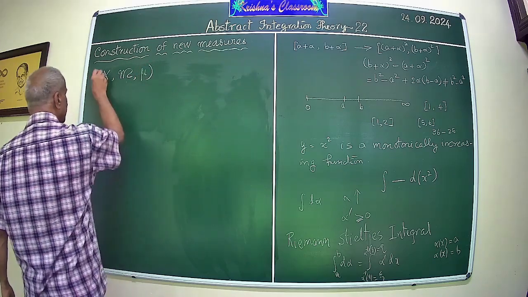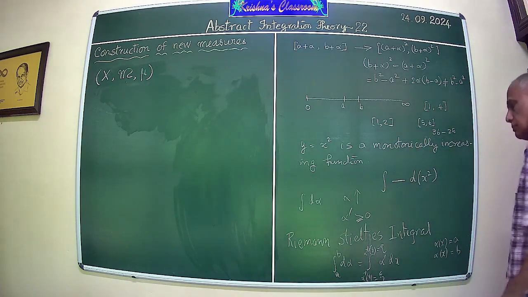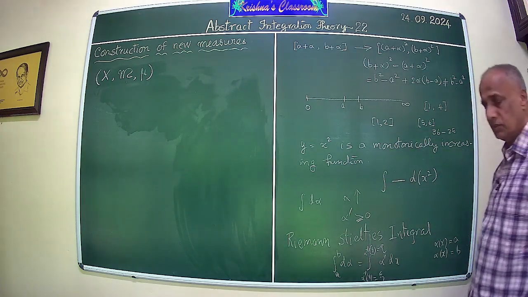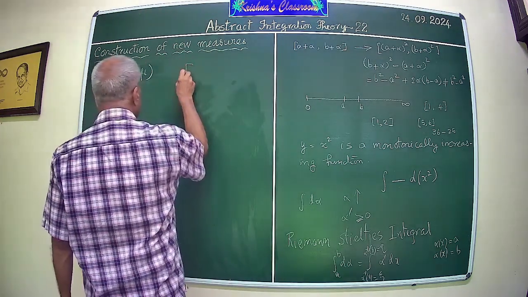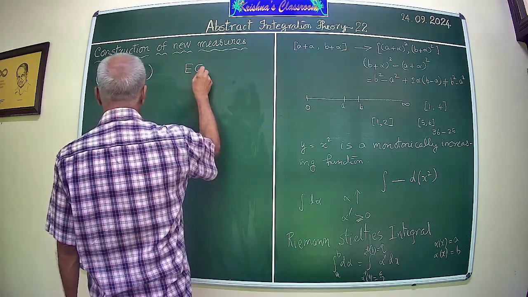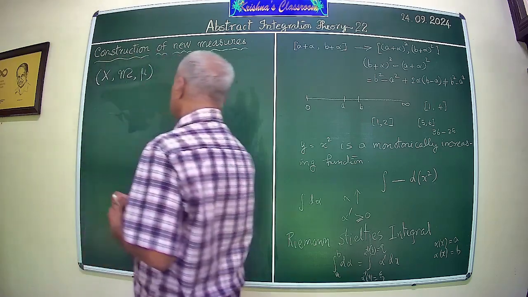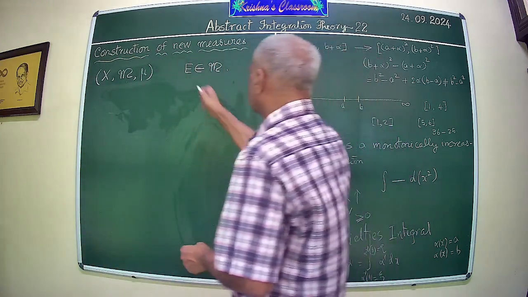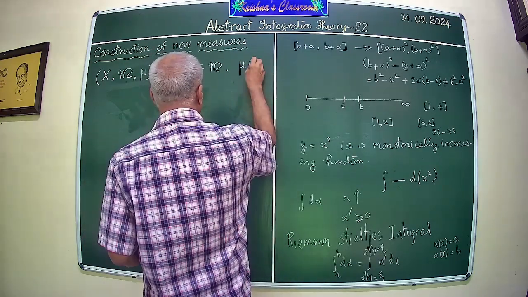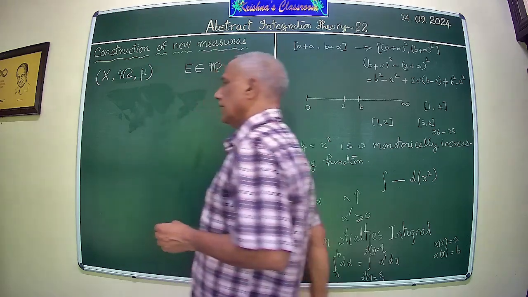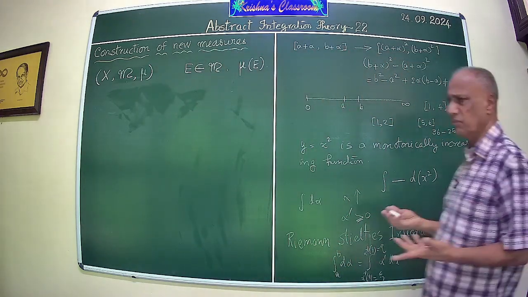This is given. So if you take any subset E belonging to M, that means any measurable subset of X, it has got a length attributed to it, which is mu. This is what you call the measure.